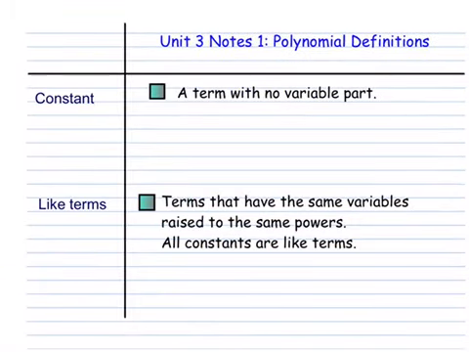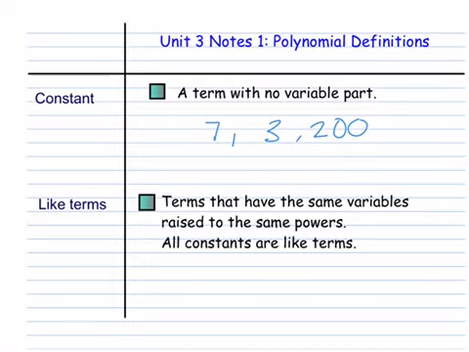Constant. You've heard this word before. Constant is the term with no variable, so it's just the number. So any number that you could possibly have, those are all constants as long as they don't have the variable with them. Like terms is also something we've talked about before. Like terms are terms that have the same variable raised to the same powers.